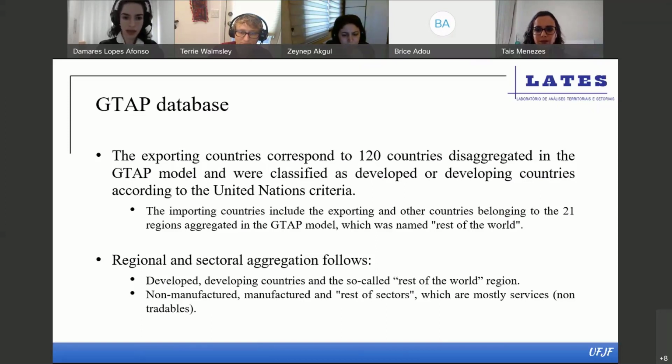Our regional aggregation follows developed and developing countries and the so-called rest of the world region, and our sector aggregation follows non-manufactured, manufactured, and rest of the sectors, which are mostly non-tradable services.